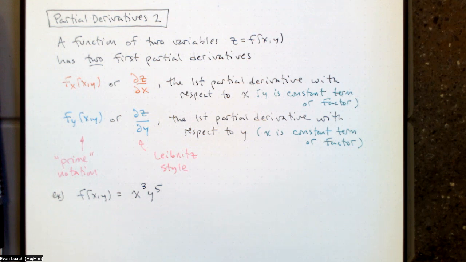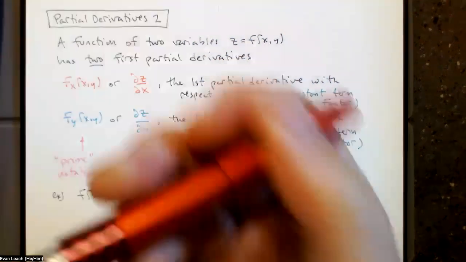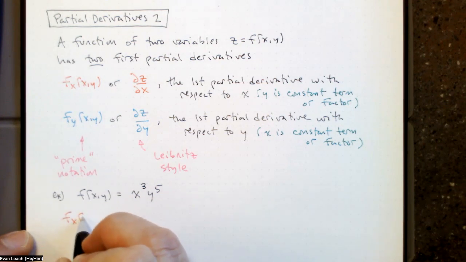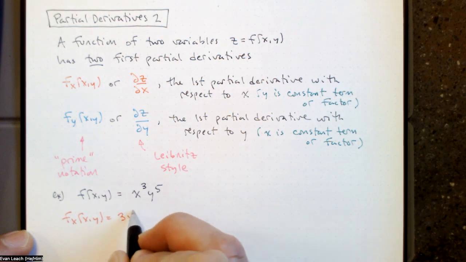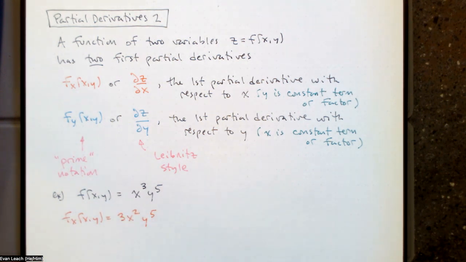When we take the partial with respect to x, we're going to treat y as a constant. In this case, y is a constant factor because it's being multiplied by the x cubed. So fx, using our modified prime notation, will be 3x squared times y to the fifth. We just carry the y to the fifth along. It's a constant factor.